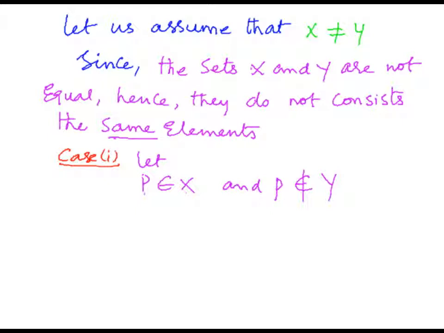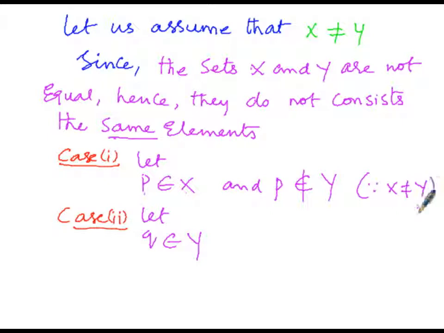Whereas in case number 2, I am going to assume another element, that is Q, belonging to Y. Since set X is not equal to set Y, P is present in X but P is not present in Y, because X and Y do not contain the same elements.